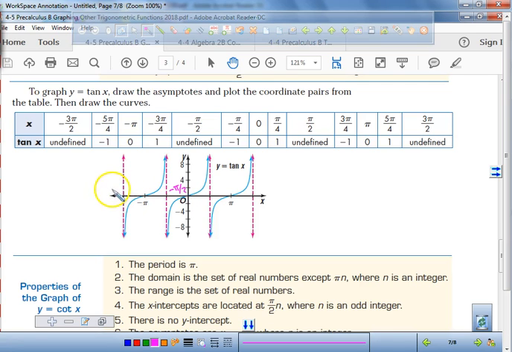What's this one right here? This is at negative 3 pi over 2. Hey, look. At negative 3 pi over 2, what is the tangent of x equal to? Undefined.